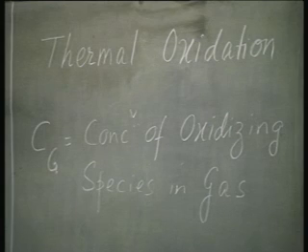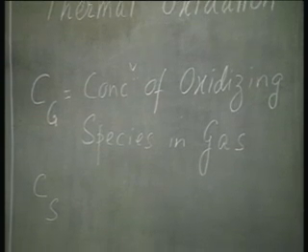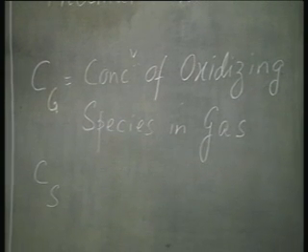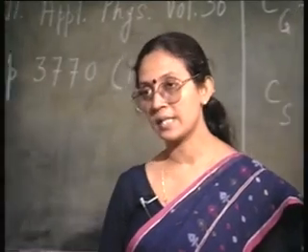So, that is the concentration of the oxidizing species in the bulk of the gas. I have also written Cs there. Again, C stands for concentration of the oxidizing species and S says that this is right next to the gas oxide surface. So, this is the concentration of the oxidizing species right next to the gas oxide interface.